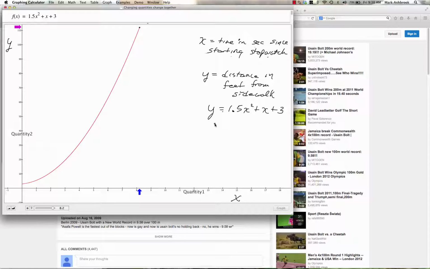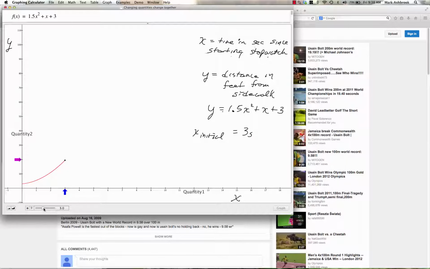Okay, so I'm interested in a starting time of t equals 3. So x initial, we're using x and y, x initial of 3 seconds, going to 7 seconds.